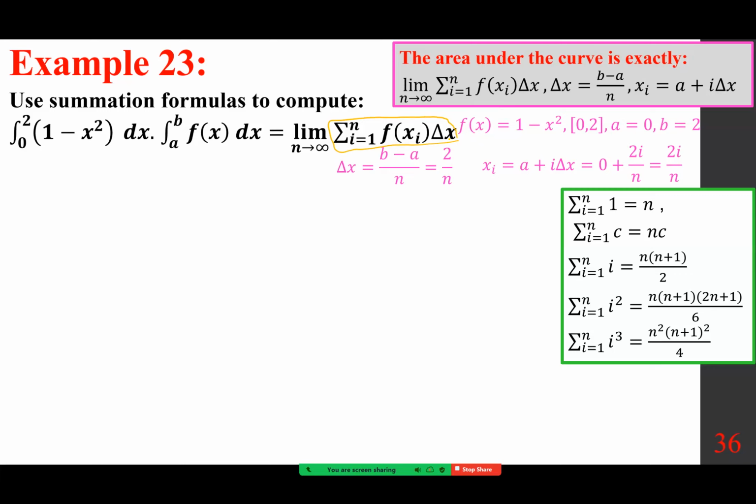So summation of f of x sub i: 1 minus x sub i, which is 2i over n, quantity squared, and then times delta x, 2 over n. I want to write this expression in essence, okay?